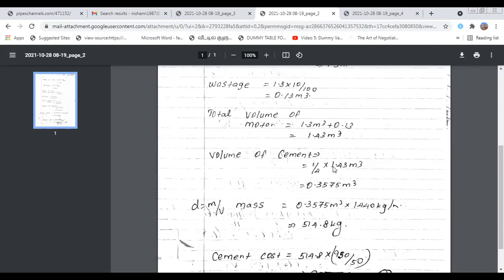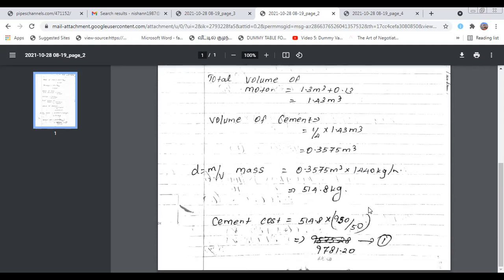Density and volume known, we can calculate the mass. Density equals mass upon volume. We know the volume 0.3575 meter cube and the density of 1440 kilogram per meter cube, equals 514.8 kilogram.